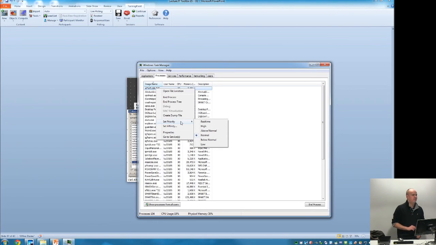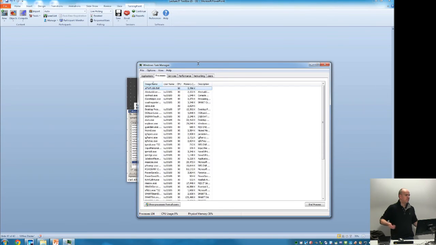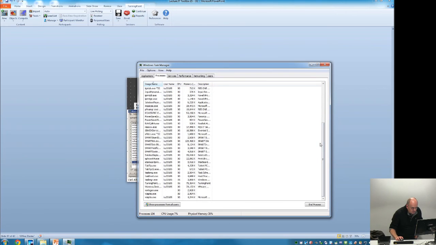I don't know if you have ever played with that. Sounds dangerous, yeah? No, I use it regularly because by default, different types of programs have different types of priority. So is there anything useful?